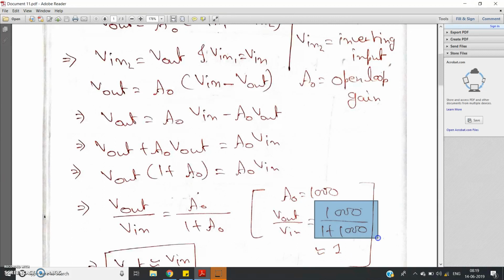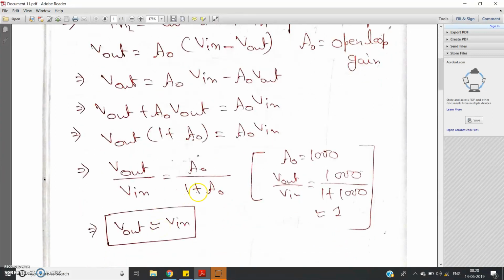If you calculate exactly, it will come as 0.99 something, but with the approximation it is almost equal to 1. From the expression also you can say that if A naught is very high, 1 plus A naught is almost equal to A naught, and A naught cancels in the numerator and denominator, and we get V output almost equal to V input.